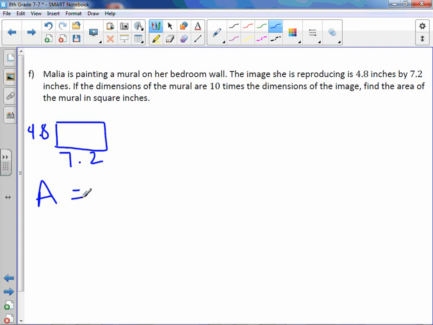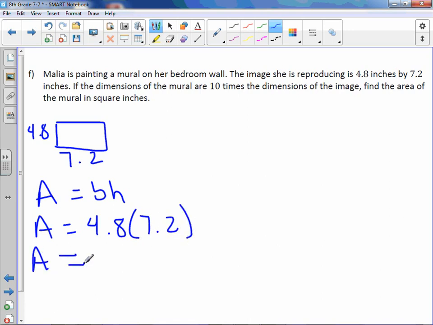Area equals base times height because it is a rectangle. Area equals 4.8 times 7.2. Area equals 34.56. Do not round. If you have to round, you always round at the very end of your problem.